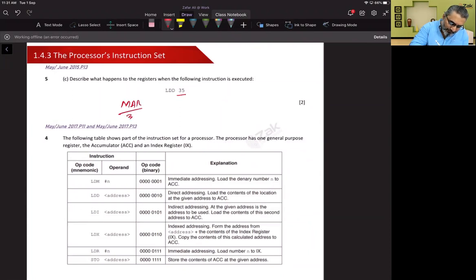So MAR would have 35. The accumulator afterwards will be loaded with whatever data is present at the address 35. So this is load direct. You would have to write something like the MAR is loaded with the operand of the instruction, which is 35. The accumulator is loaded with the content of the address held in MAR, which is 35. That is what you have to tell.